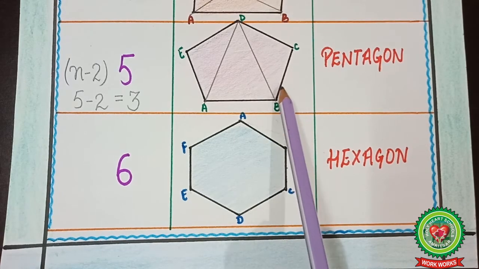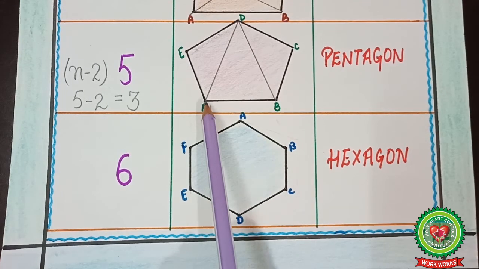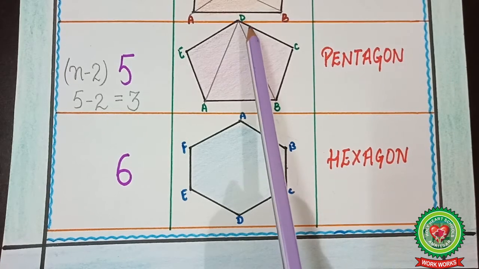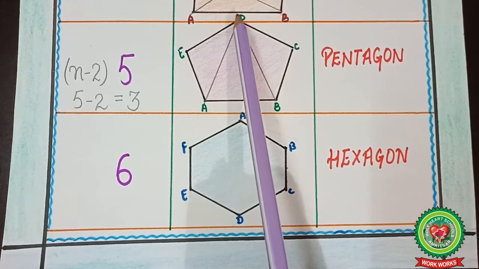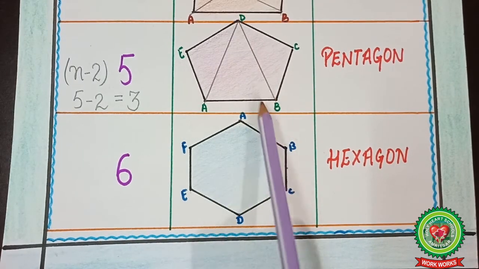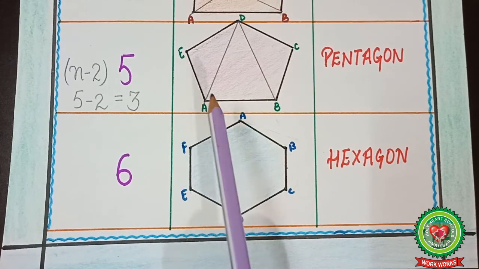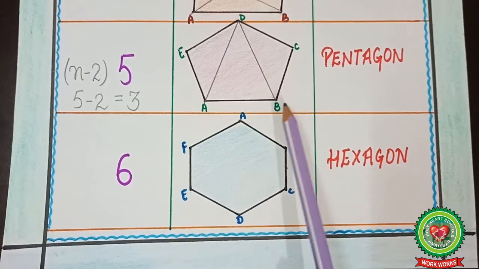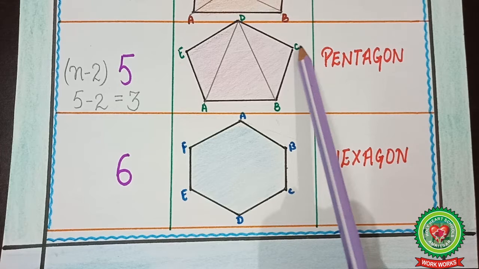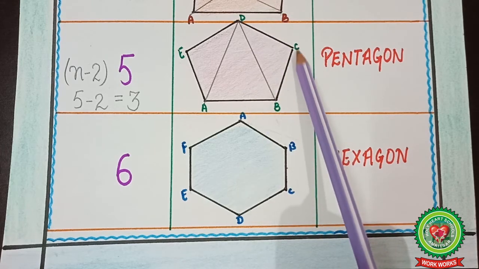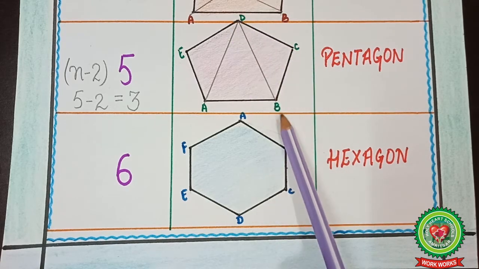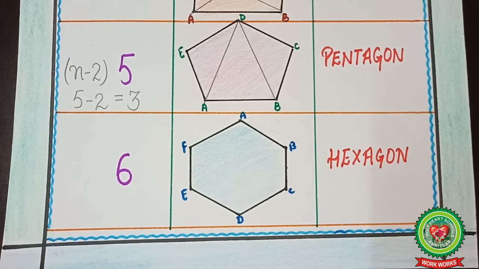You can name them as triangle AED, the second triangle ADB, and the third BCD, or you can say CBD or CDB. This is the way to find the number of triangles contained in a polygon.